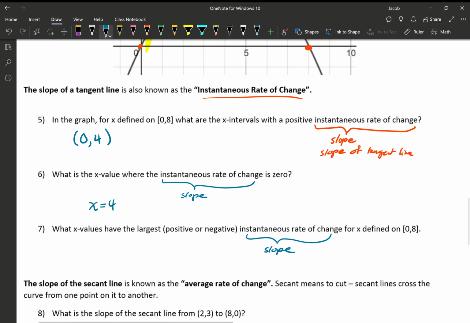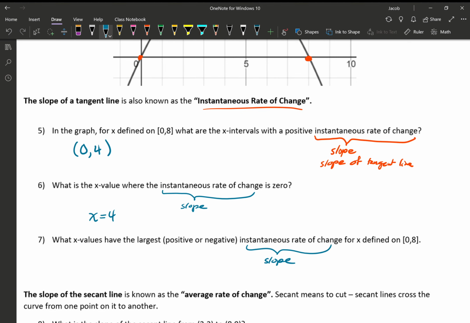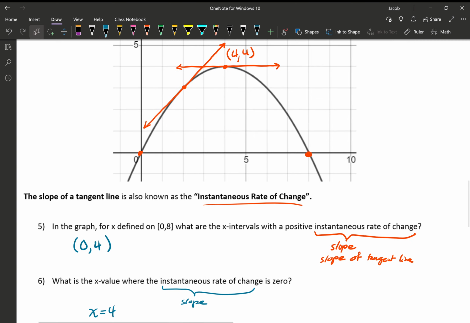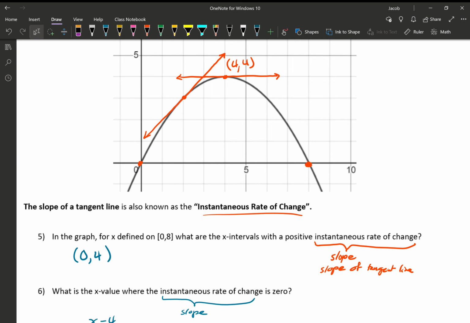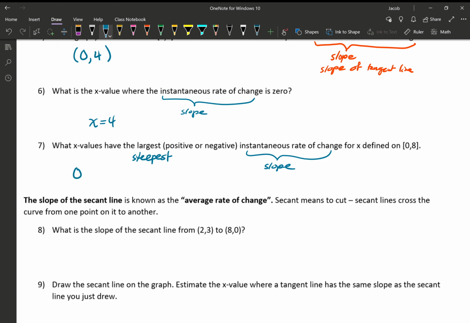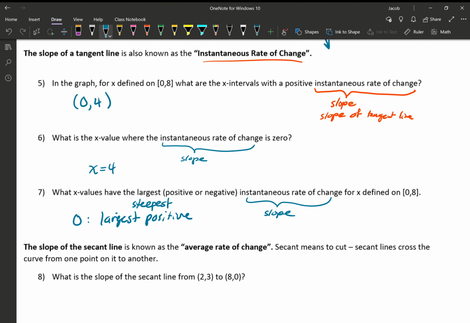Largest positive slope would be the steepest, because that's going to give us the largest slope value. So our steepest, maybe you already know, is happening at 0. So 0 would be largest positive. And then our other 0 would be our largest negative tangent line slope, and that's at 8.